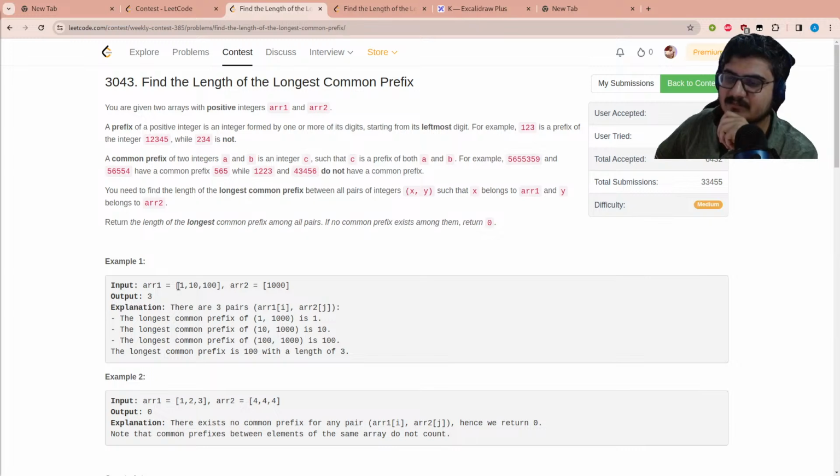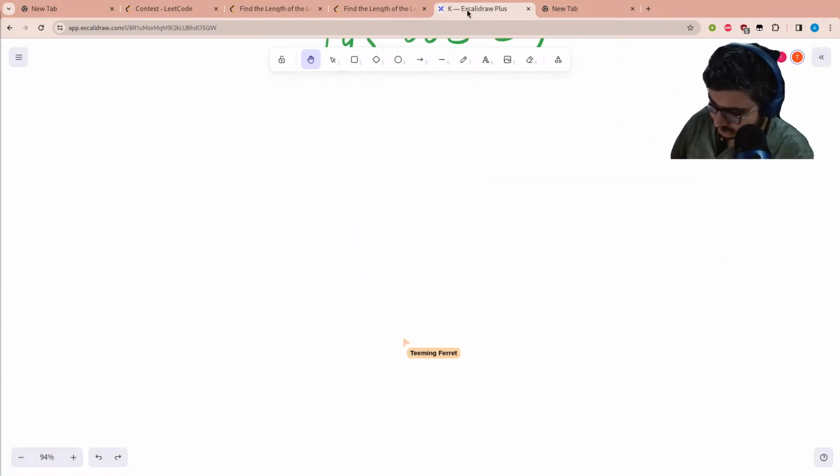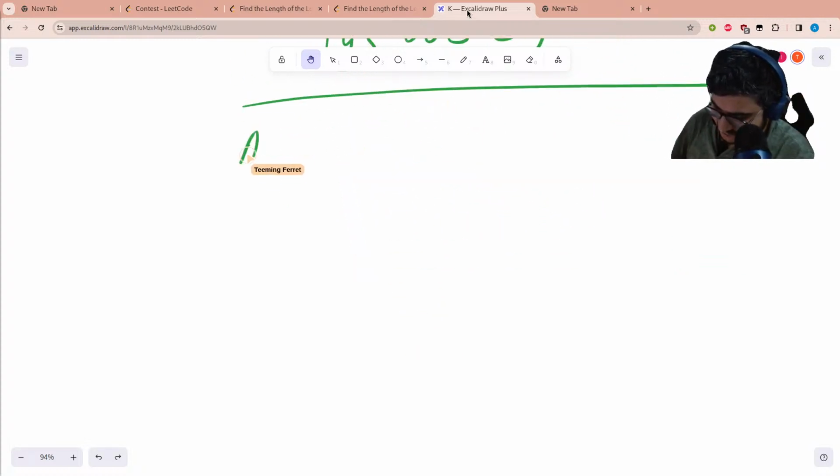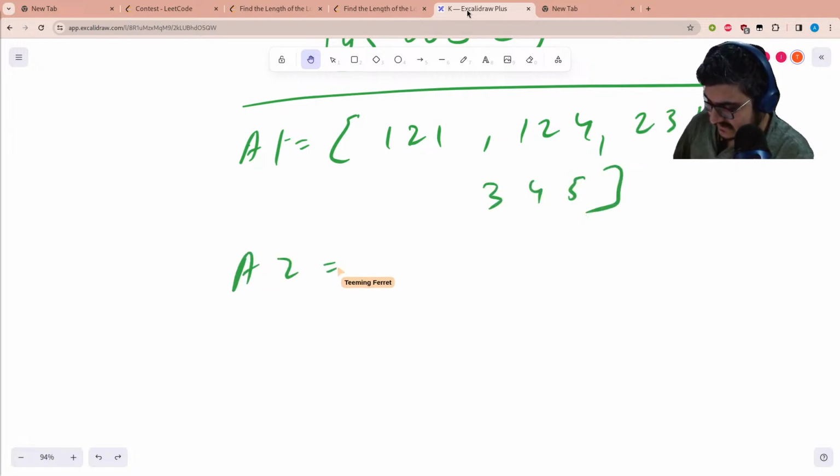What the problem really wants us to do is, we have two arrays of integers. A1 is some set of numbers, let's say 1, 2, 1, 1, 2, 4, 2, 3, 1, 3, 4, 5, and A2 is the set of second numbers.